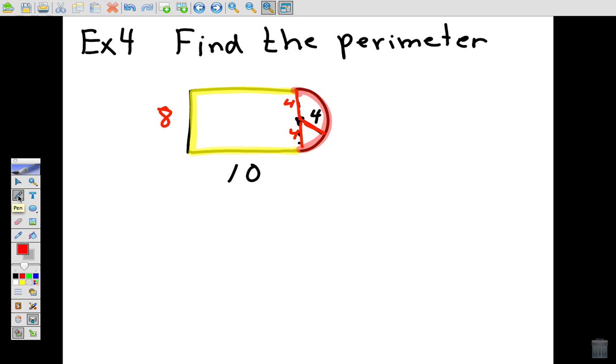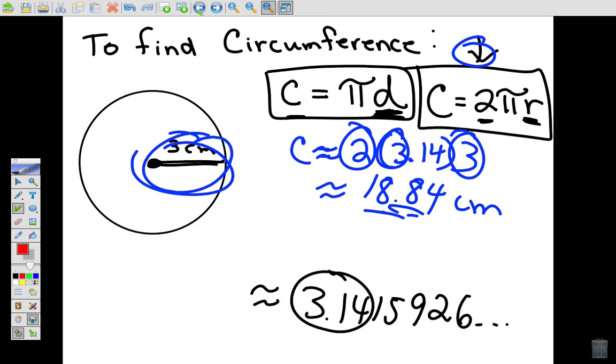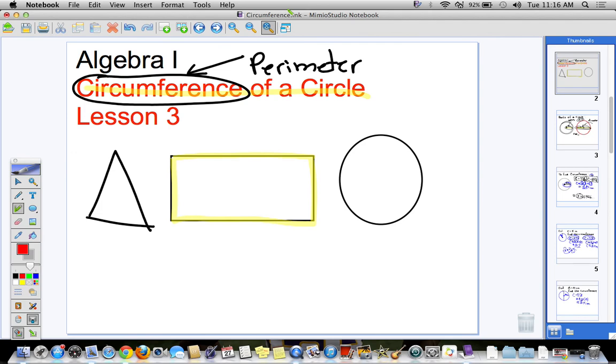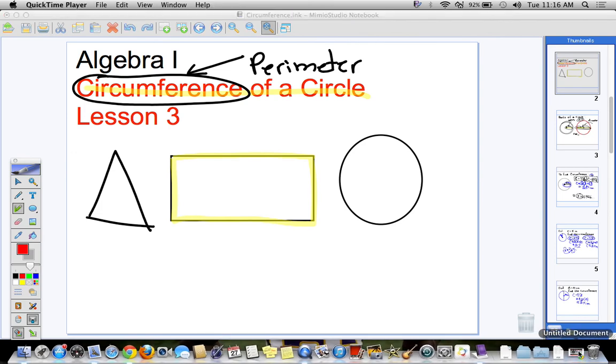And then add this part, what you got for the perimeter, plus this, and you've got your perimeter. See what you get on that, and see how that works out. So, the topic today was called circumference of a circle. It's pretty closely related to perimeter, and you've got it.